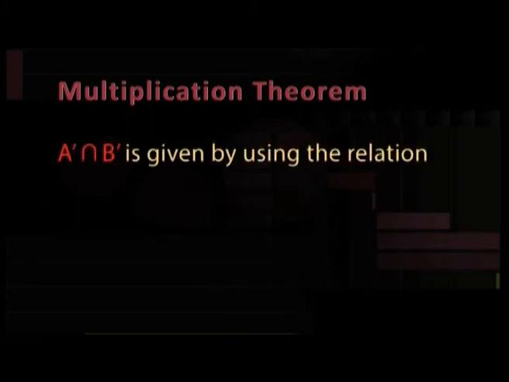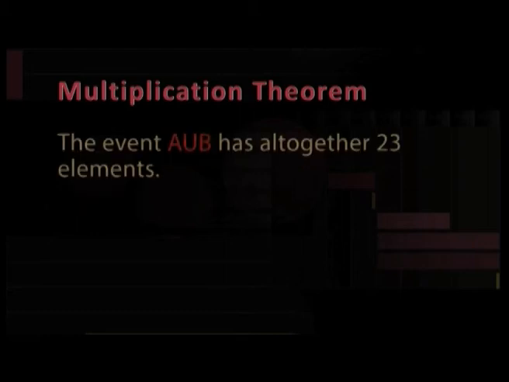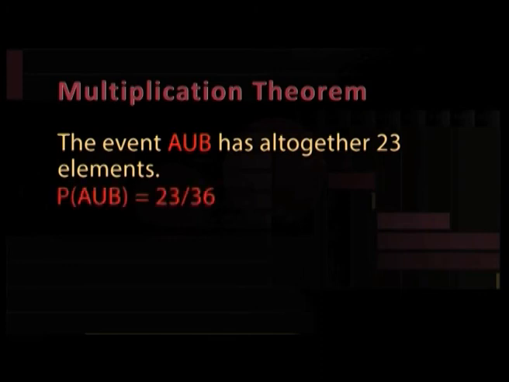A complement intersection B complement is given by using the relation A complement intersection B complement is equal to A union B complement. The event A union B has altogether 23 elements. Hence, probability of A union B is equal to 23 divided by 36.